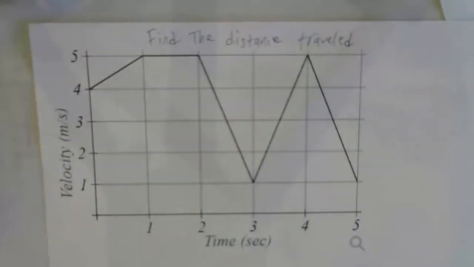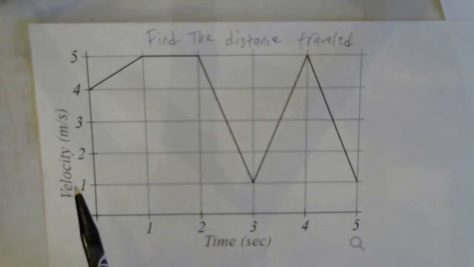So here again, this is the distance versus the area sort of thing. Notice the layout. We have the time on one axis and the velocity or the rate on another axis.